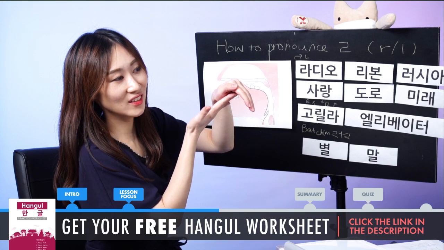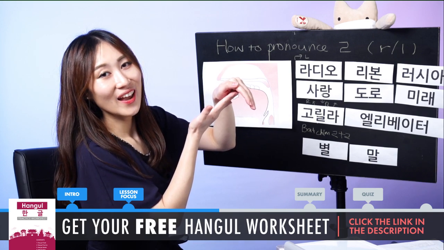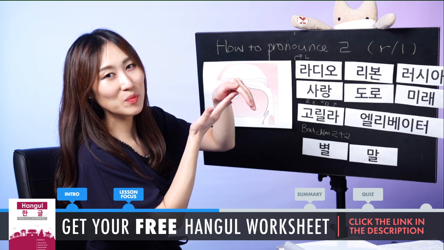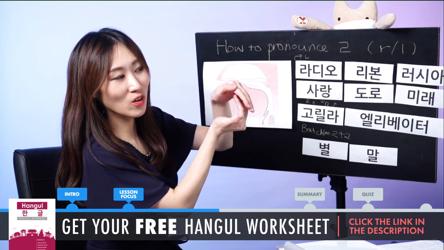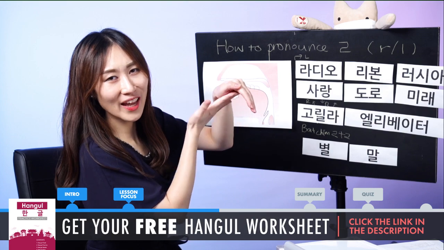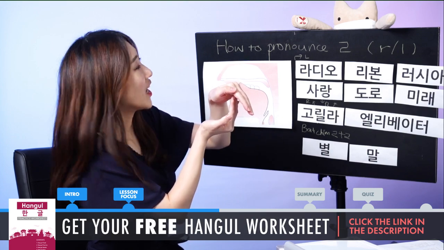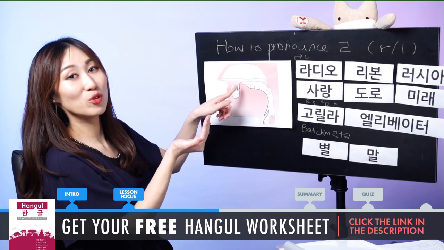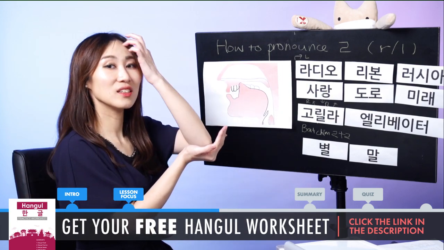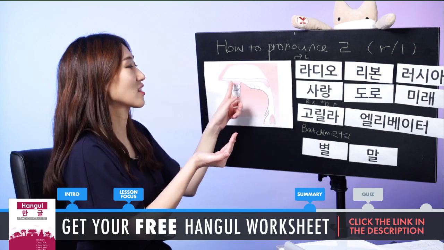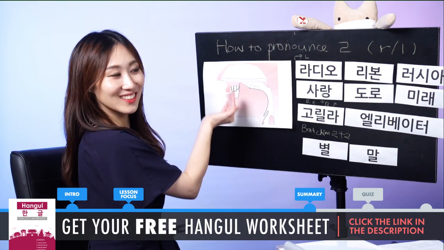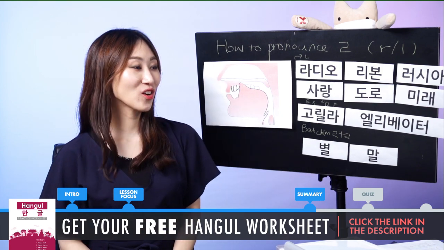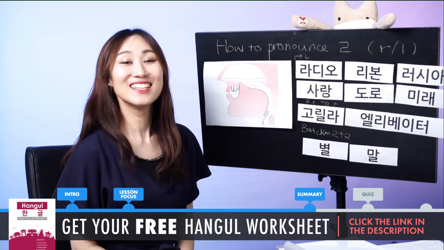But the Korean R sound is more like between English D and L. It's not so curved like L. It's not flat like D, but it's between there. And the location is the same as when you pronounce D. It's behind the teeth, touching the ridge of the roof of the mouth. 라, 러, 려, 로, 루.